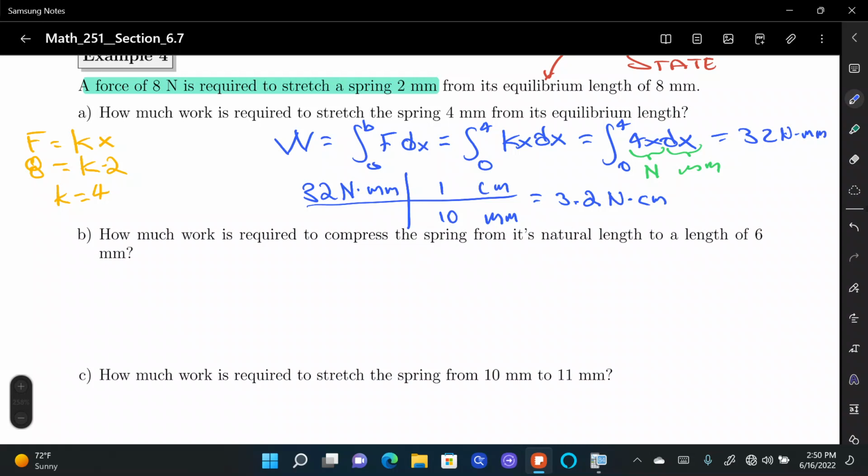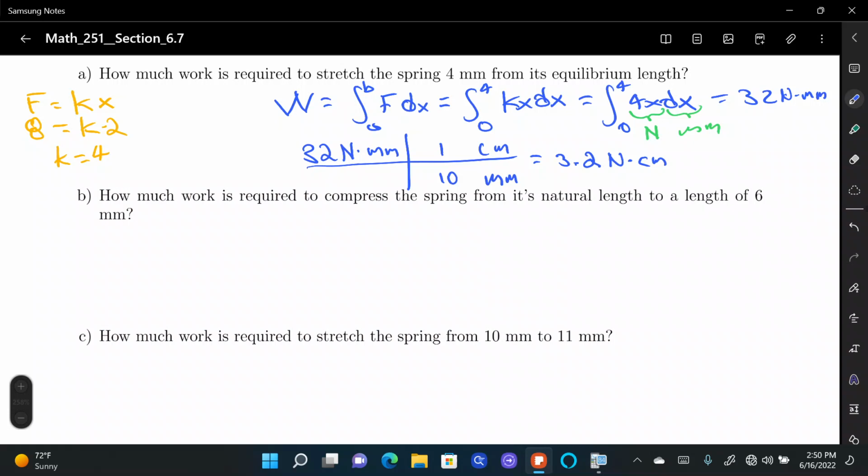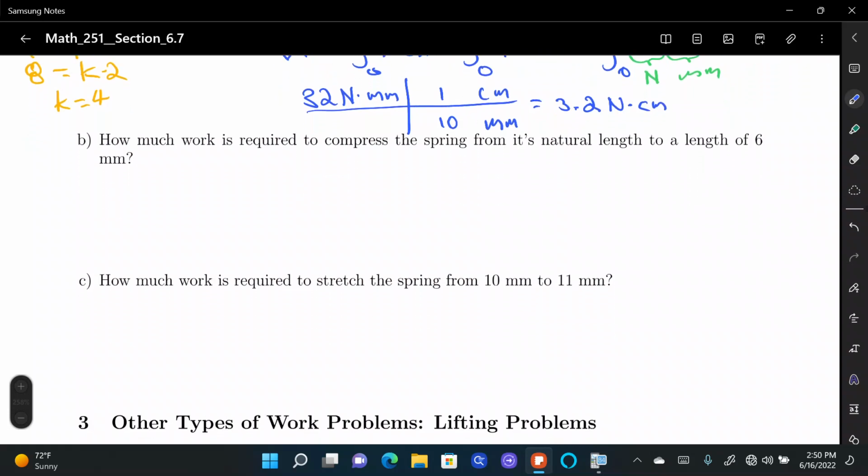All right. How much work is required to compress the spring from its natural length to a length of 6 millimeters? And here is where we need to be very, very careful. Number one, let me draw a little diagram here.